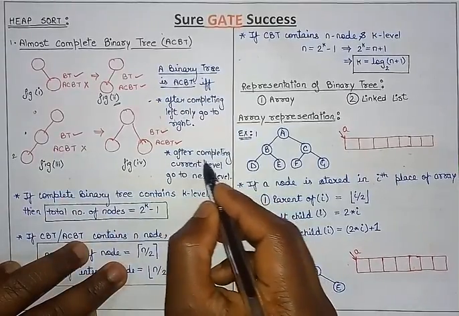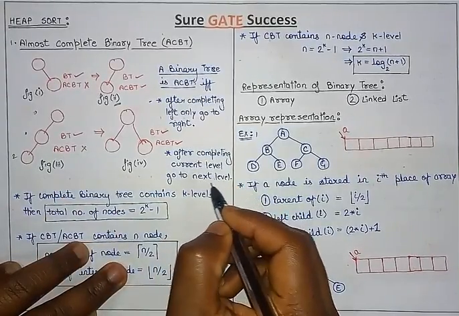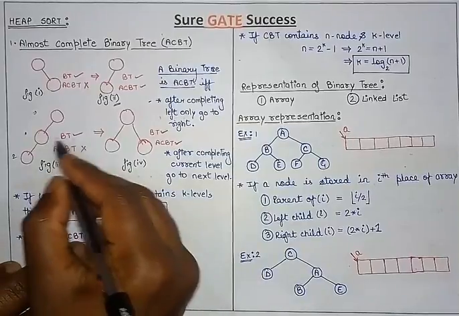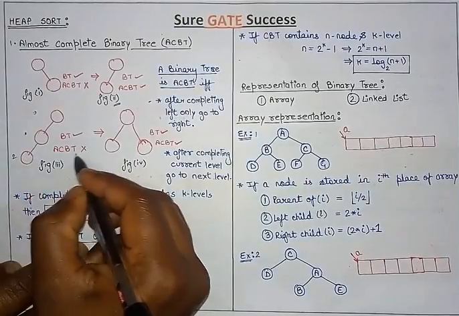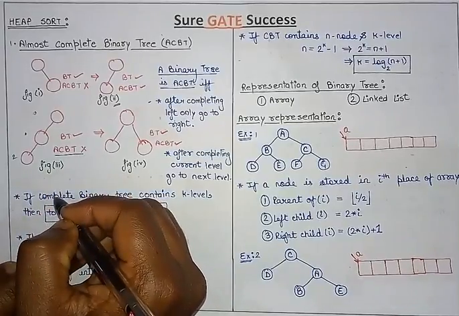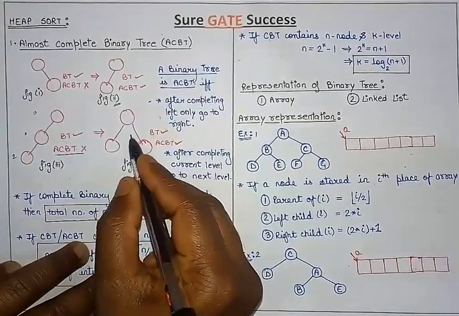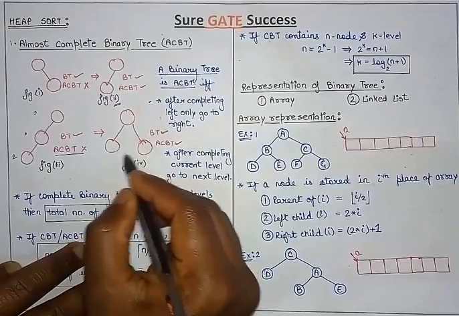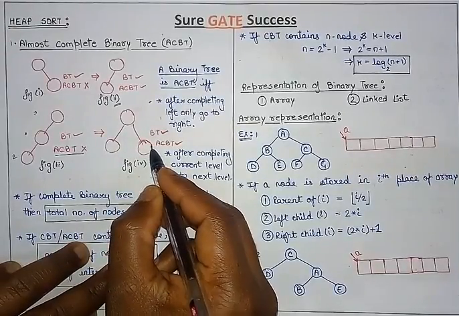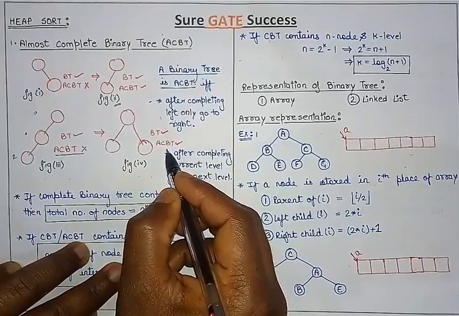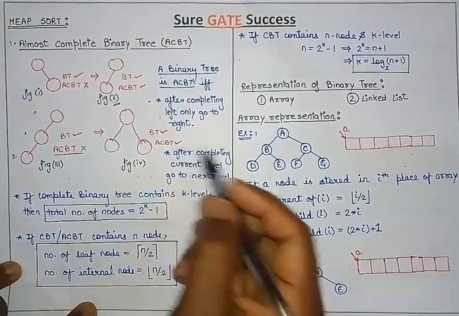What is written here? After completing the current level, go to the next level. But we haven't completed the current level and we moved on to the next level. Therefore it is not an almost complete binary tree. But in this figure we have completed the current level and then moved to the next level, therefore it is a binary tree as well as an almost complete binary tree.